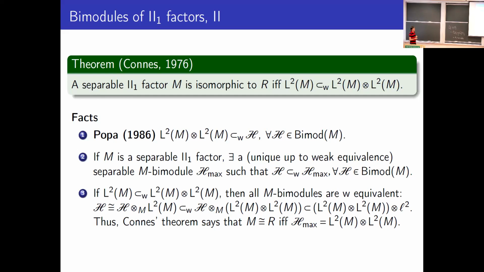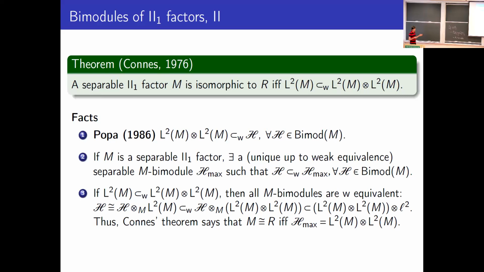Okay, so that tells you that any bimodule H is weakly contained in the coarse bimodule, but we also have the converse. So if you start by assuming that the trivial bimodule is weakly contained in the coarse, then actually all bimodules are weakly equivalent.